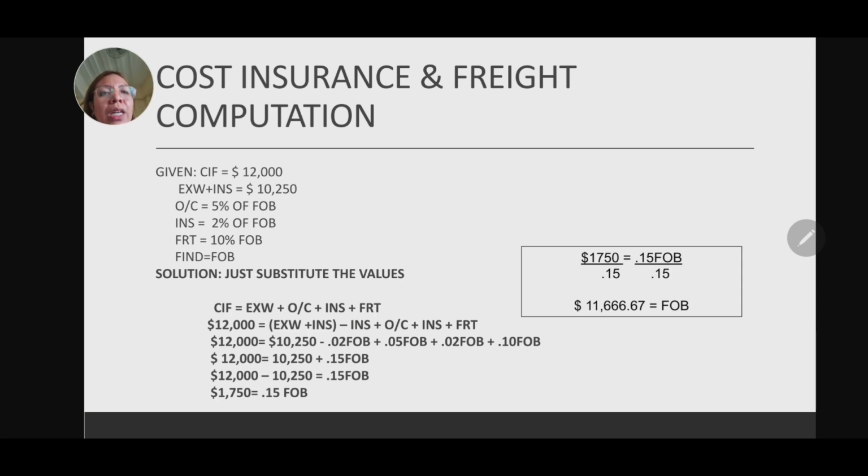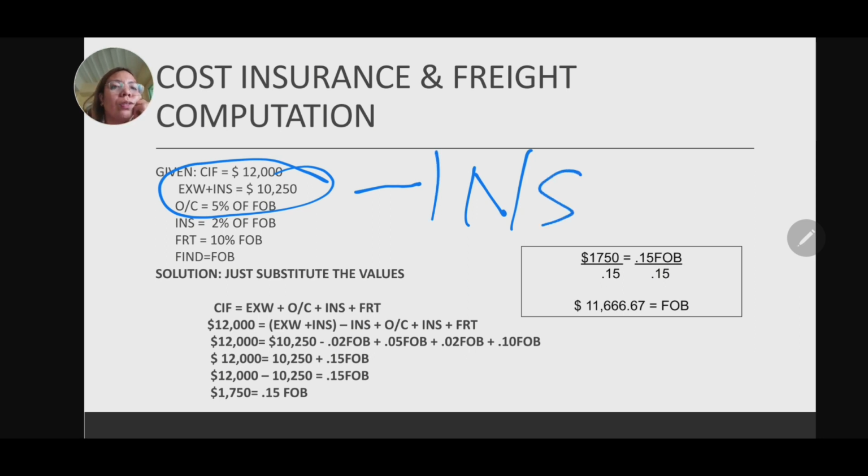But notice that there is no given ex-works, but there is a given ex-works plus insurance value. So to get the ex-works, we need to subtract the insurance from the ex-works plus insurance. We have the value of the insurance, so we just need to substitute.